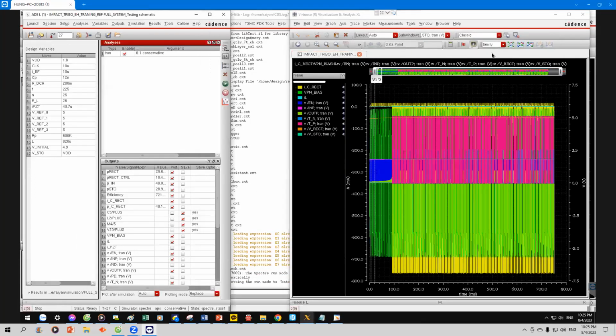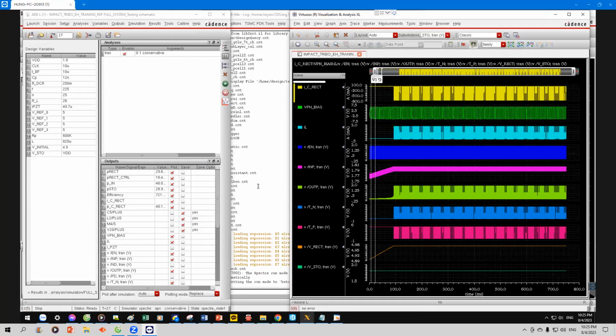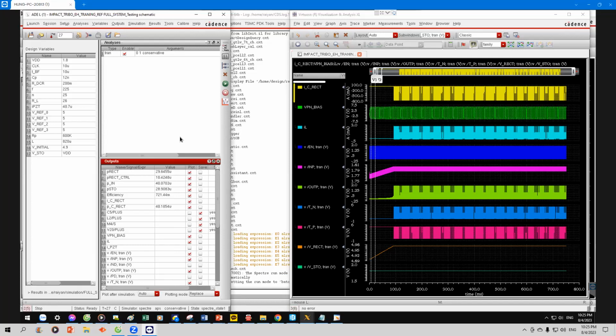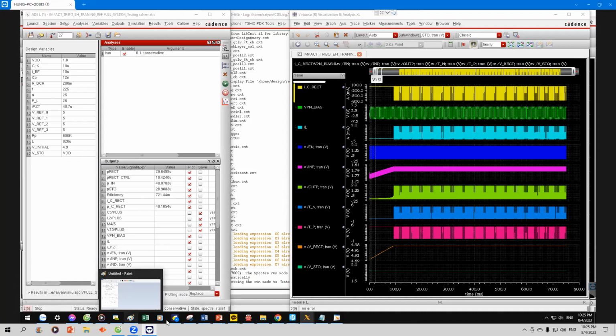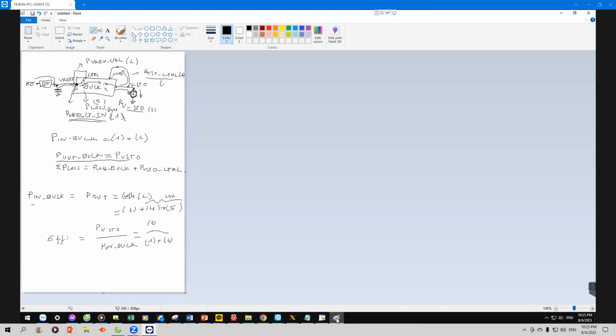Bro, I have a question about the reference from 1 to 3. Why do we use the 5 volt? Why should we use the power from the V store to power the V reference from 0 to 3 instead of using the external voltage 5 volt?